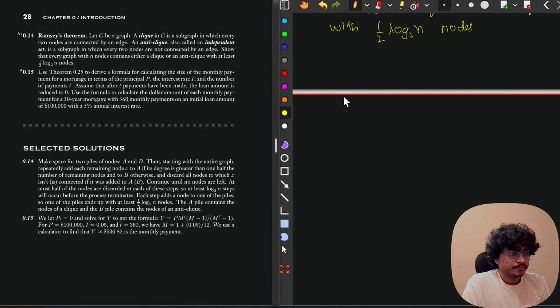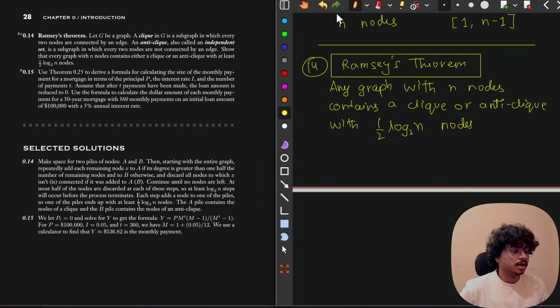Let G be a graph. Oh, I have made one statement wrong with "at least".